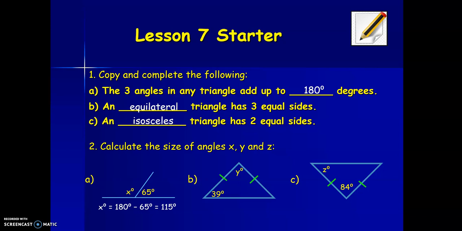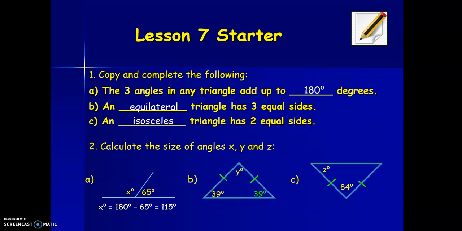In 2B, we have a triangle. The lines through the sides indicate equal sides, so we have an isosceles triangle. So therefore, we have two equal angles, and in this case, the other 39 degrees is at the other elbow, if you like, of the isosceles triangle.